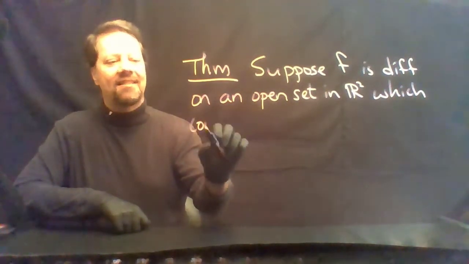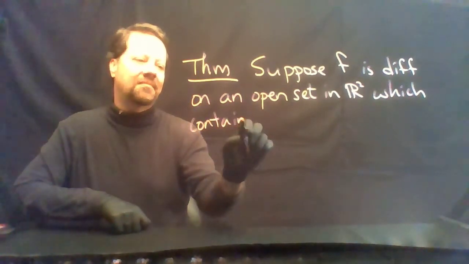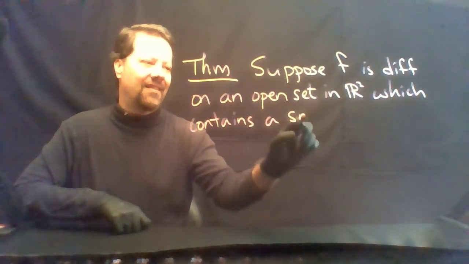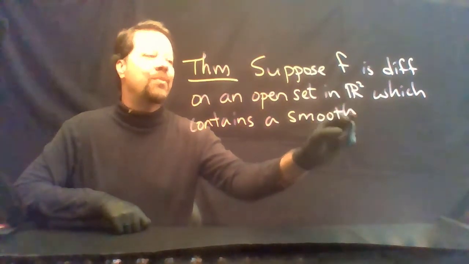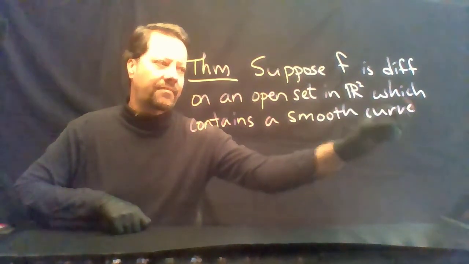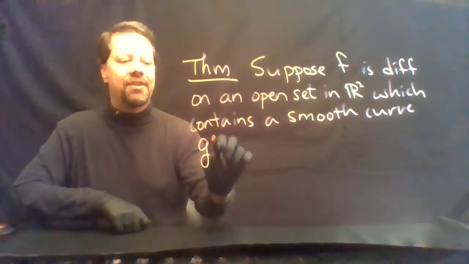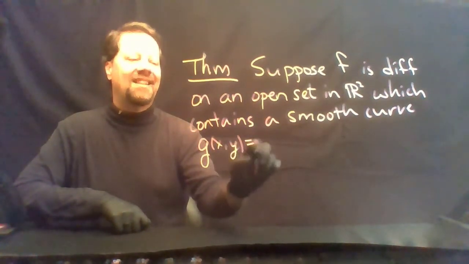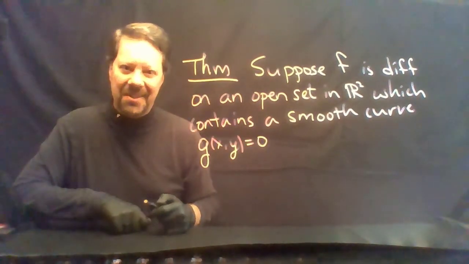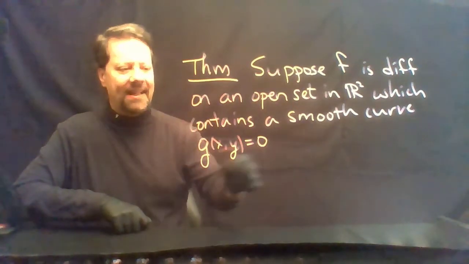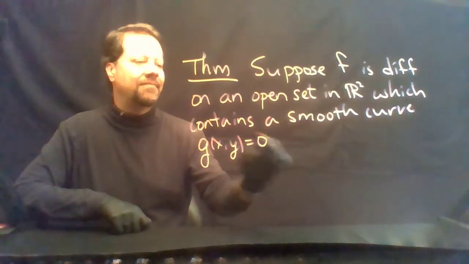Which contains a smooth curve given by g of x comma y equals 0. There's your constraint. The open set has to contain the smooth curve.